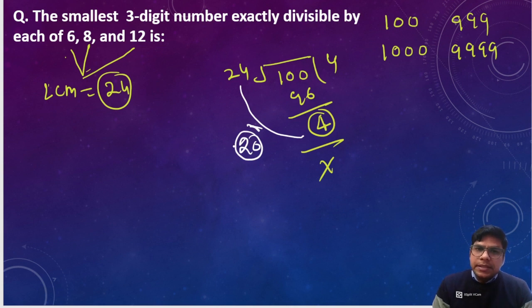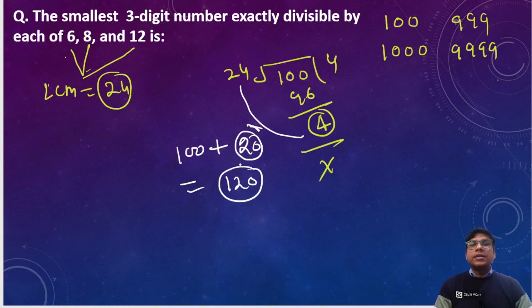Then this resulting number should be added to the smallest 3-digit number, that is 100. So the new number will be 120. So 120 is the smallest 3-digit number which is exactly divisible by 6, 8 and 12. There is no number less than 120 that is exactly divisible by 6, 8 and 12. So this is your answer.